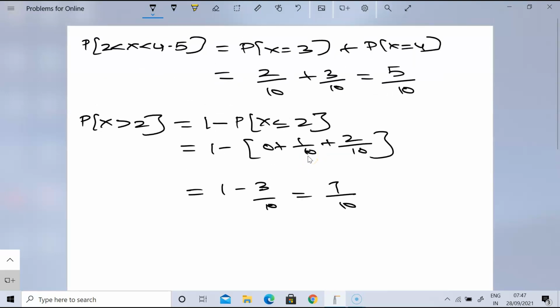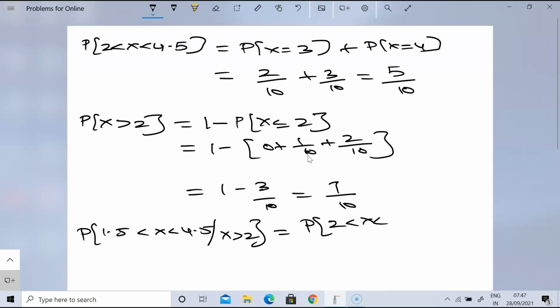In this, what I want here, if you all remember, is probability of 1.5 less than x less than 4.5 given x more than 2. I came to this: probability of 2 less than x less than 4.5 divided by probability of x more than 2.